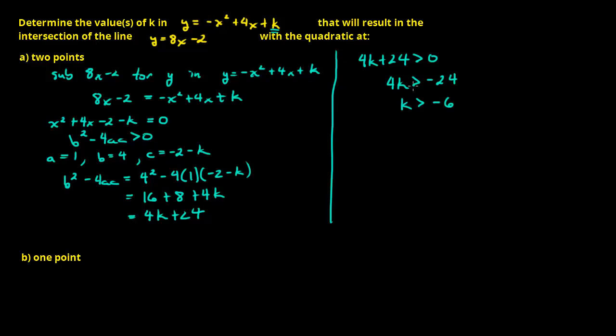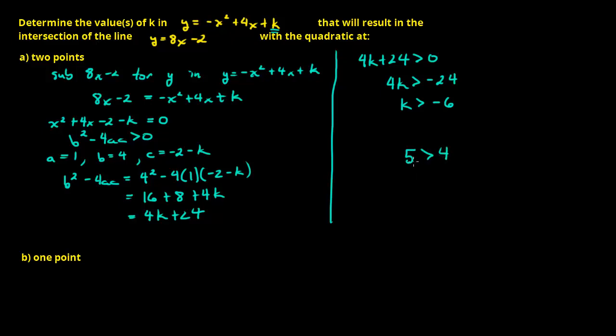Now, I don't need to flip the inequality when I'm dividing both sides by 4 because I'm dividing by a positive number. If I had a negative coefficient beside k and I were dividing both sides of an inequality by a negative number, the inequality flips. If you think about it, this makes sense logically. Think about the statement 5 is greater than 4.